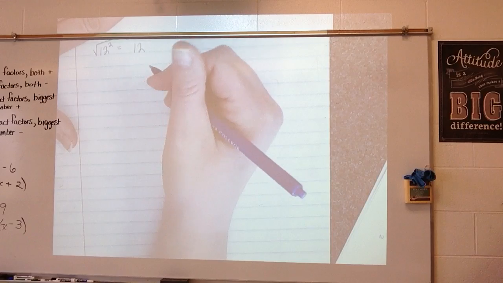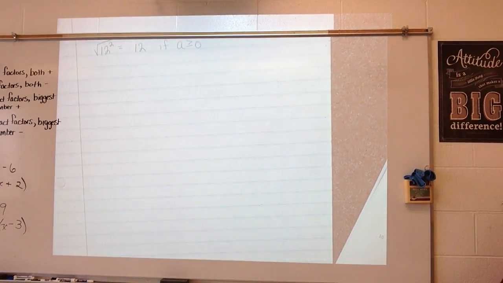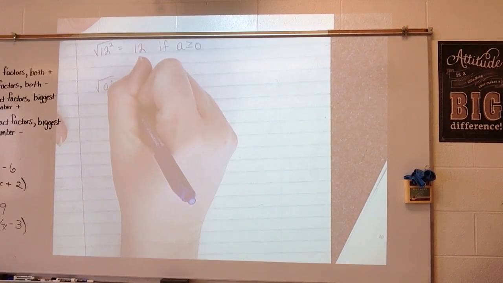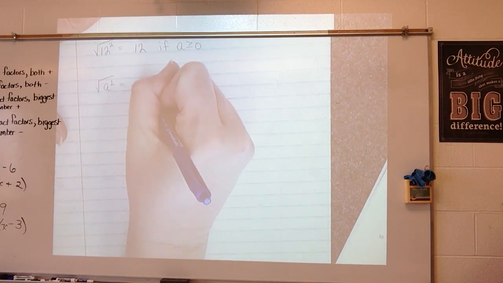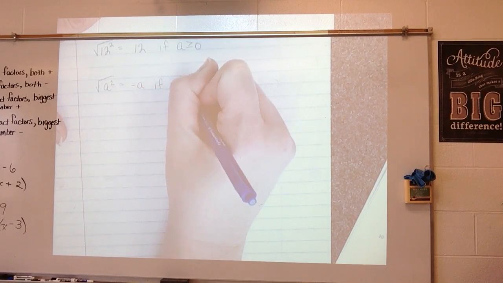And that is if a is greater than or equal to 0. What happens if a is less than 0? Then the square root of a squared may equal negative a if a is less than 0.